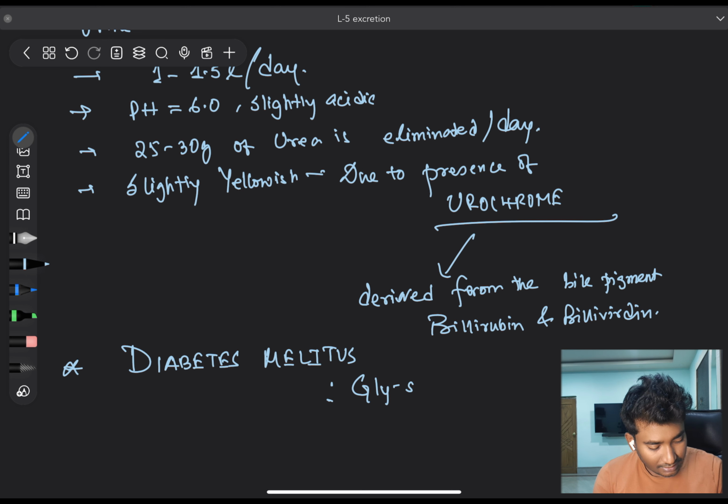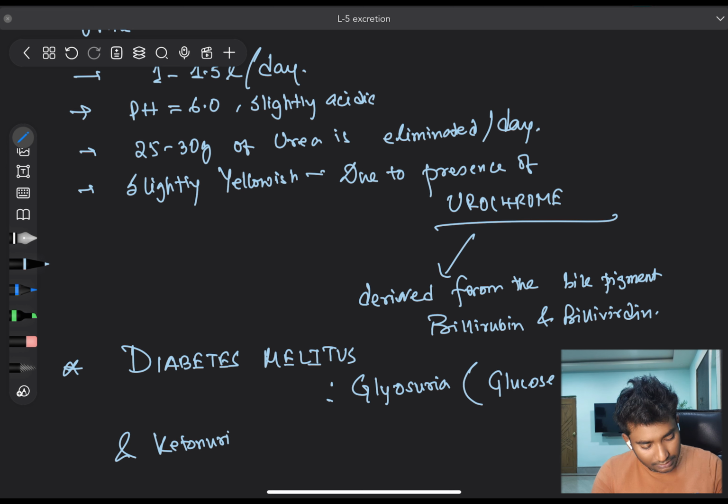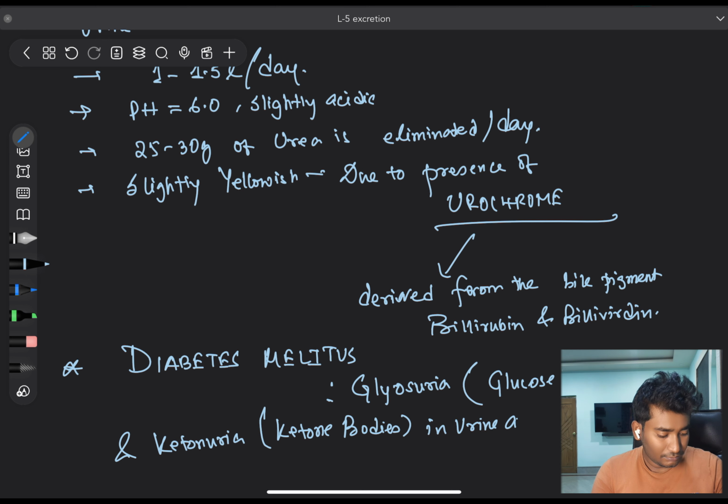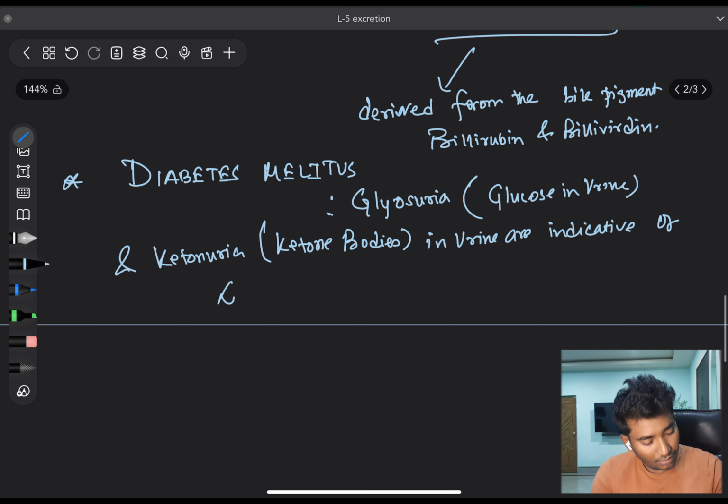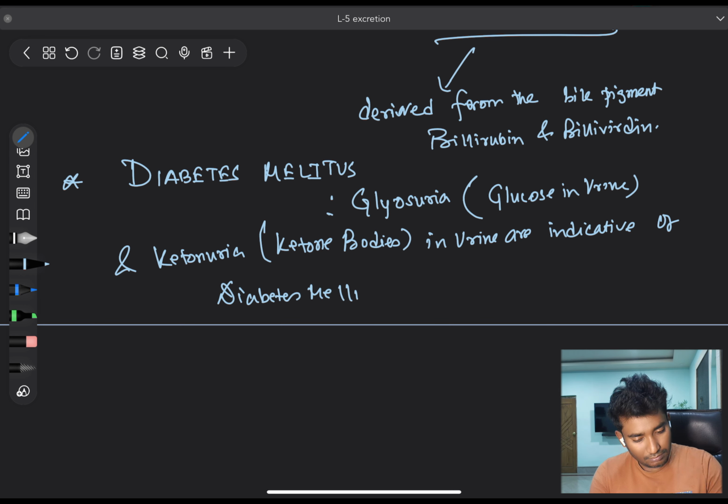In diabetes mellitus, the glycosuria, glucose in urine, and ketonuria, ketone bodies in urine, are indicative of diabetes mellitus.